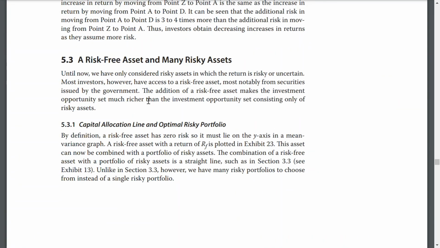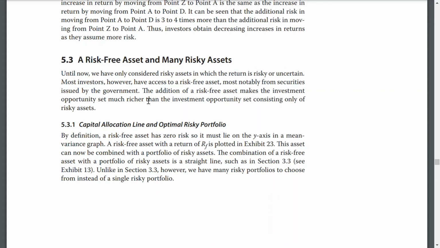Risk-free asset and many risky assets. Until now, we have only considered risky assets, in which the return is risky or uncertain. Most investors, however, have access to a risk-free asset, most notably from securities issued by the government.